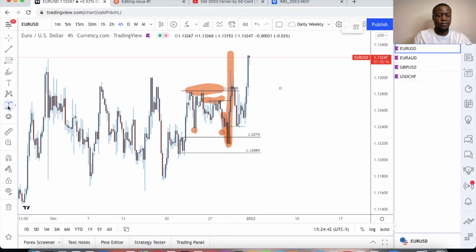And then, like I said in the previous video, you can take partials right here or a full profit, and you can have another trade as well.